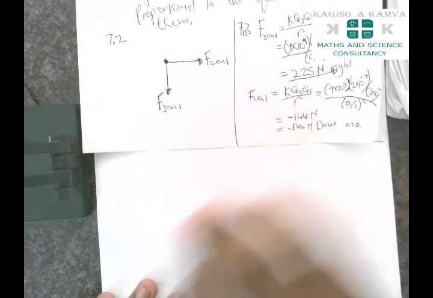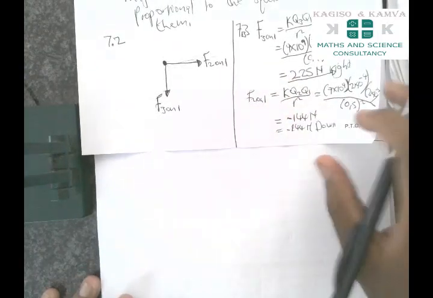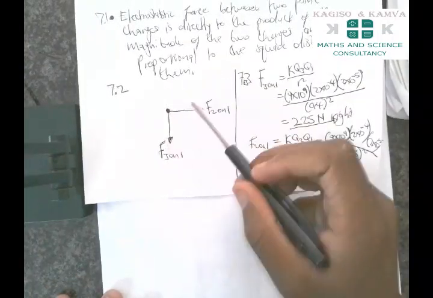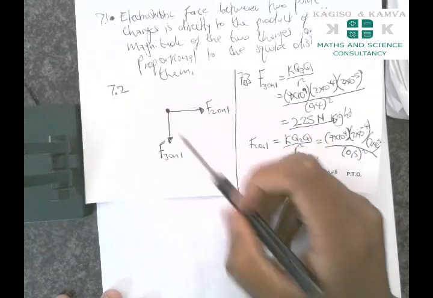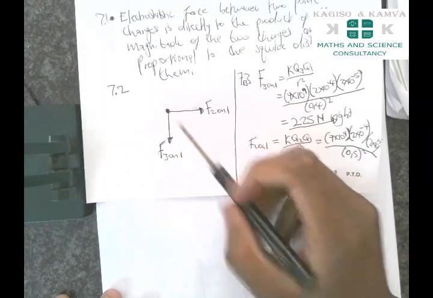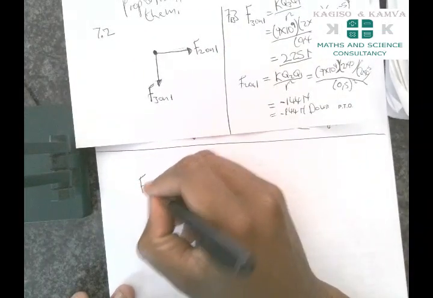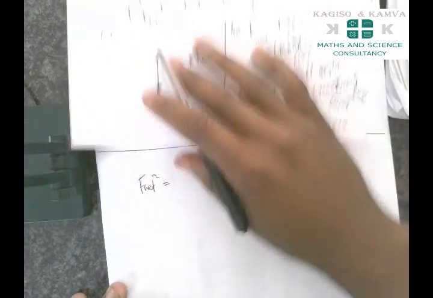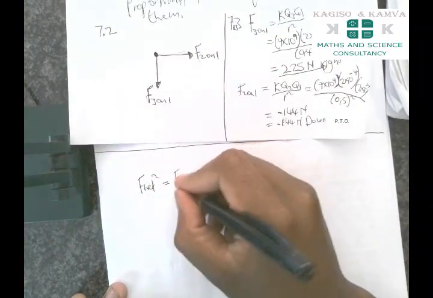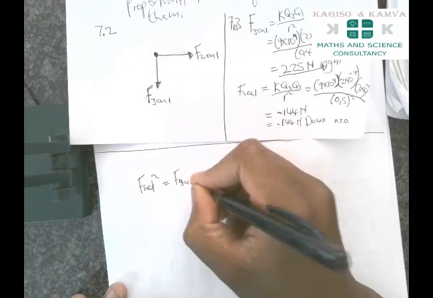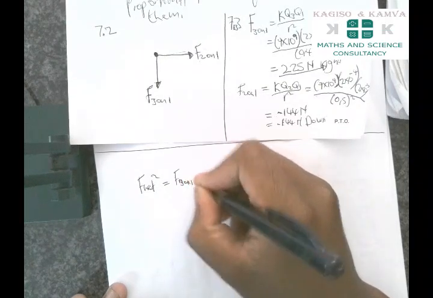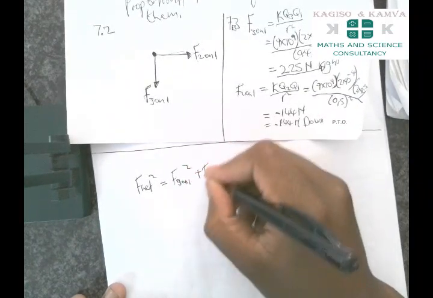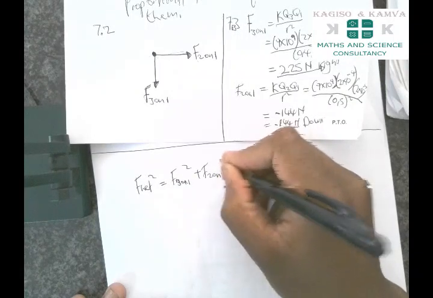We need to determine F net. Now this is two-dimensional. Can you see that? So F net squared, because it's two-dimensional, will be F3 on 1 squared plus F2 on 1 squared.